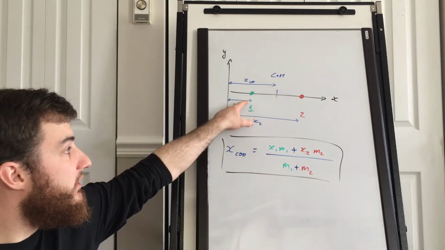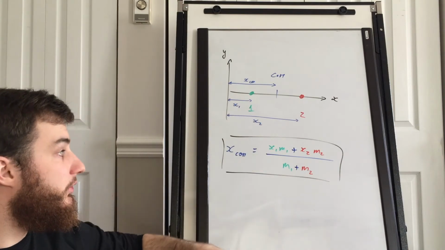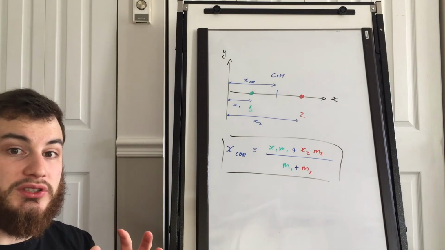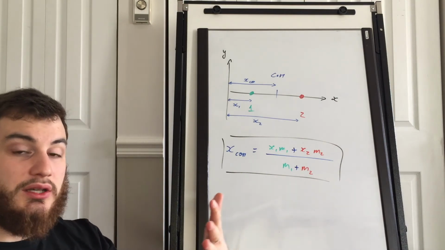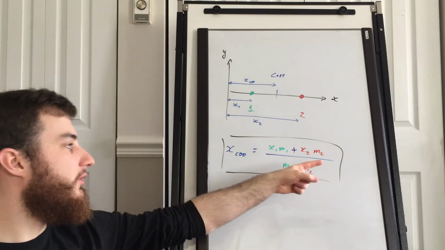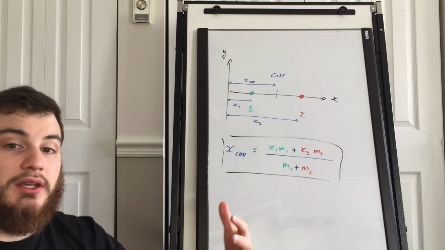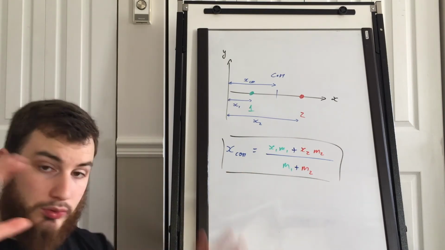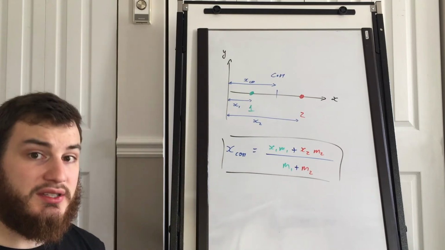If mass 1 is much more massive than mass 2, then this term will have a bigger influence and will bring the center of mass closer to it. If, on the contrary, mass 2 is bigger, then it will bring the center of mass closer to it. If the 2 are exactly equal, the 2 have an equal contribution, the center of mass is exactly in the middle.